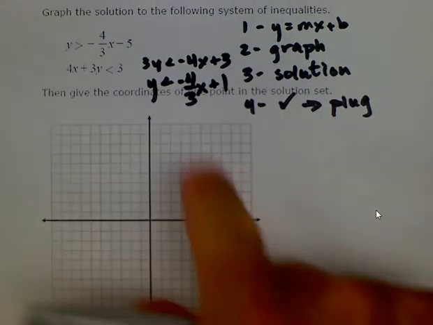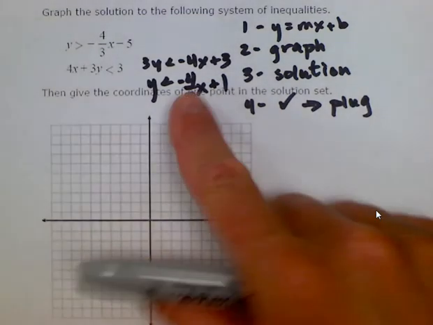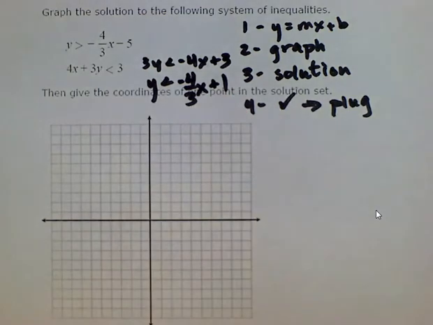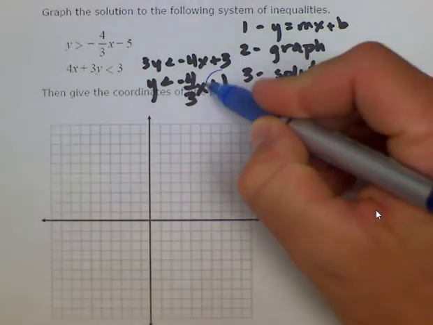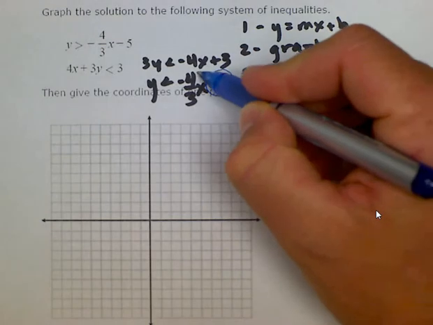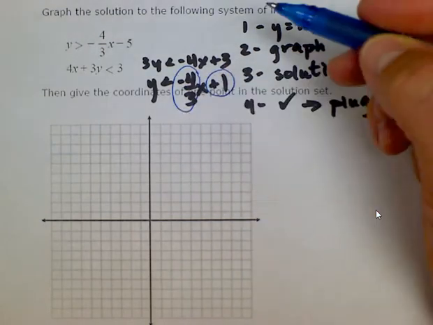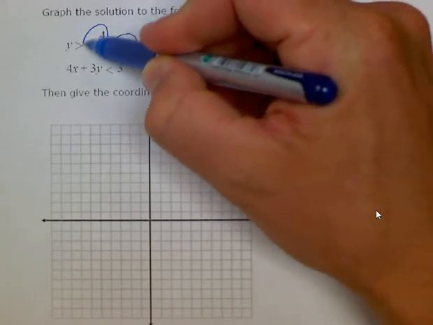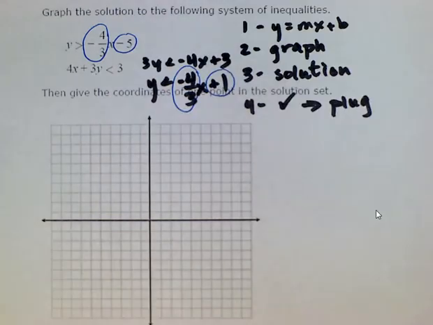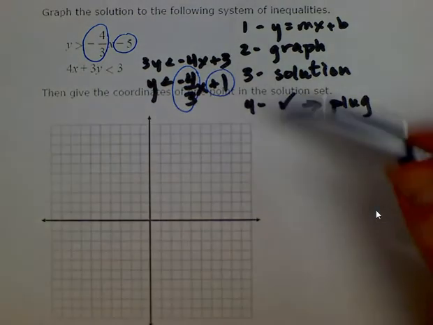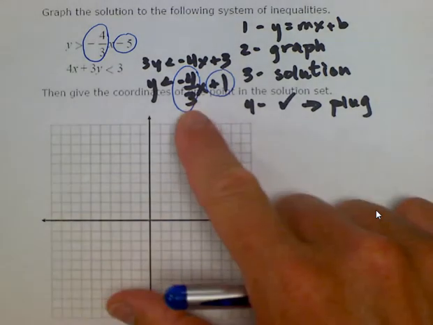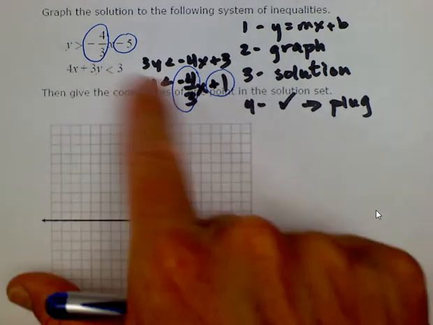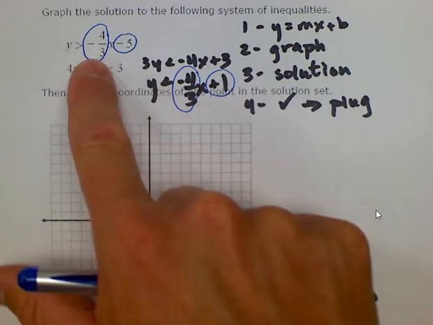So now we have our two inequalities in the y equals mx plus b form, where we can easily recognize our y-intercept and our slope of the second part, and our y-intercept and our slope of the first part. And if we recall back to the number of solutions in a system, we remember that when our slopes are the same, we need to then compare our y-intercepts.